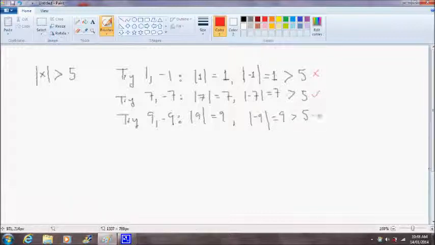So we can see that to satisfy this expression, x has to be greater than 9, or x must be less than negative 9. Oh, hang on, that's clearly not correct. x has to be greater than 5, or x has to be less than negative 5.